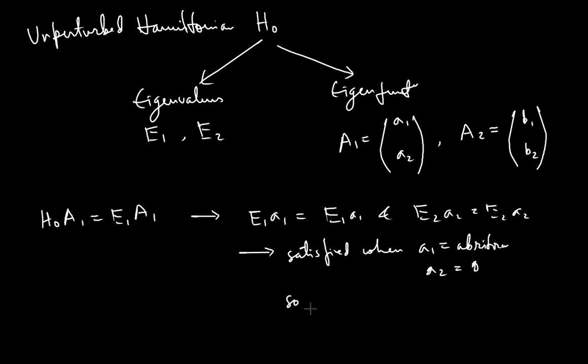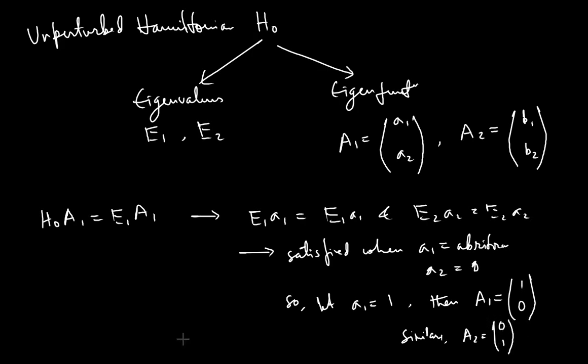So let us assume A1 is equal to 1, so A1 equals (1, 0). Similarly, we can have A2 equal to (0, 1). Okay.